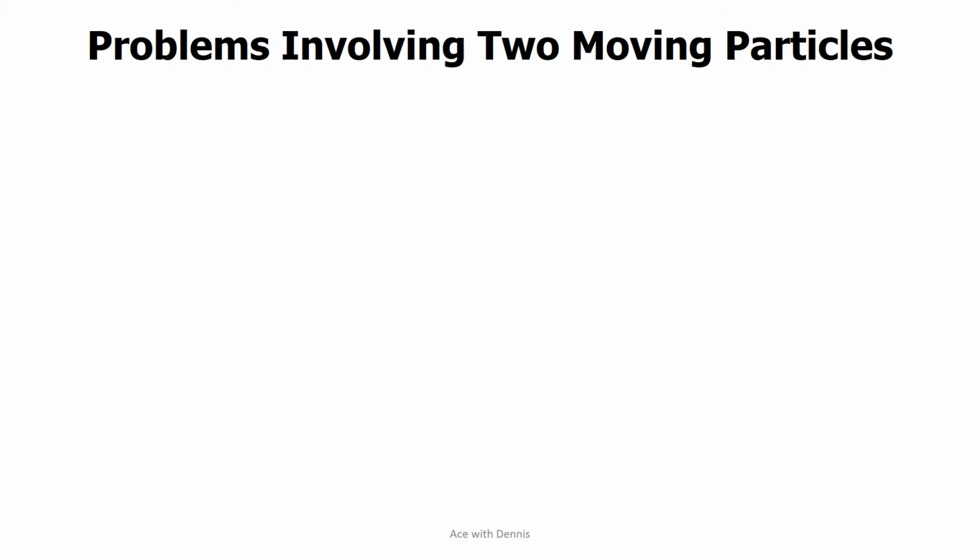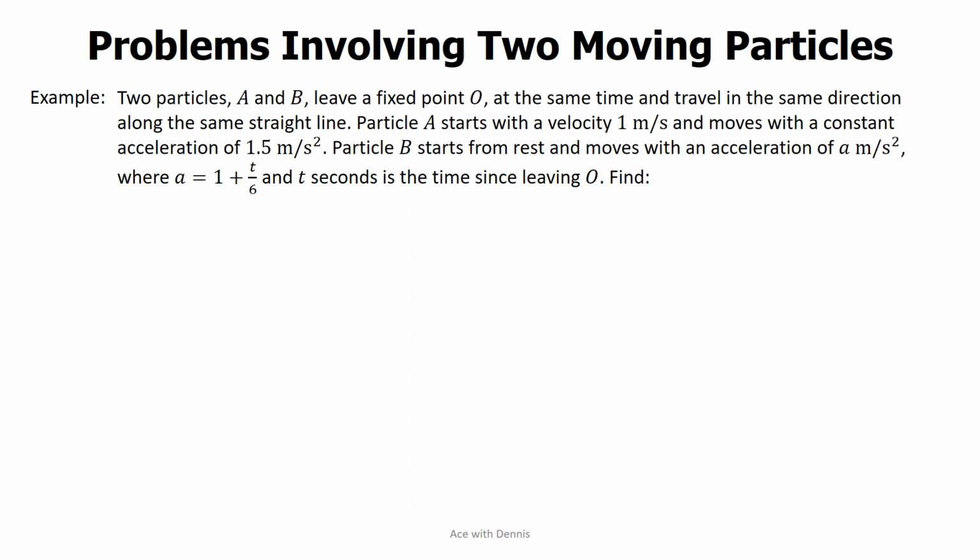Okay, now let's talk about problems involving two moving particles. So far, we only talk about one moving particle. So here's an example. Two particles A and B leave a fixed point O at the same time and travel in the same direction along the same straight line.